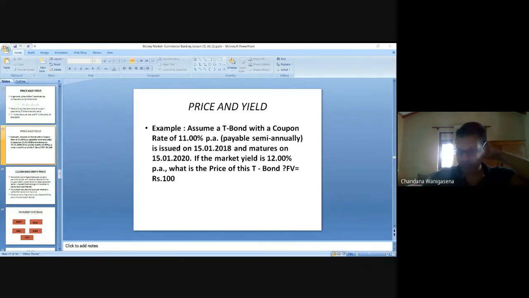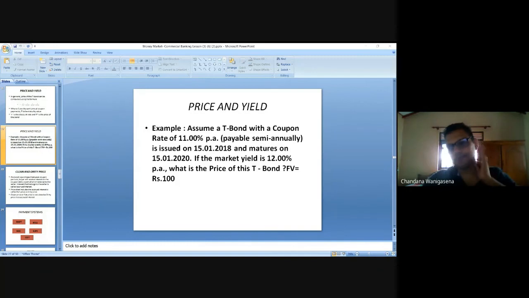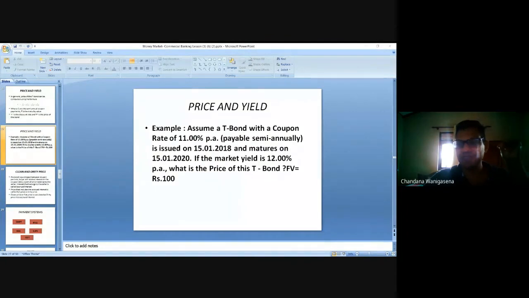So don't worry, I'll do this sum on a white A4 sheet and send it across. Hope you understood. If you have any questions with regard to bond price calculation, let me know so that I can explain it further. I'll send you the calculations and logic separately, so you'll understand it better.